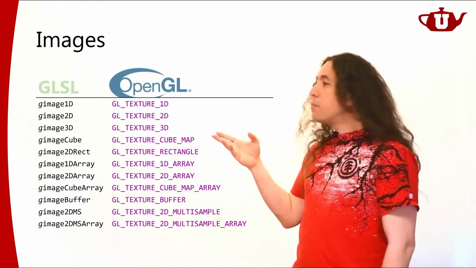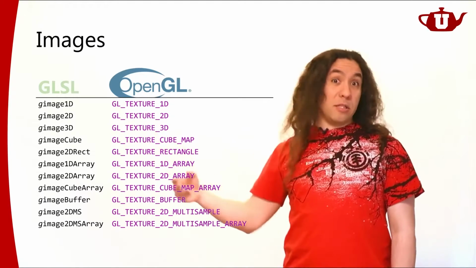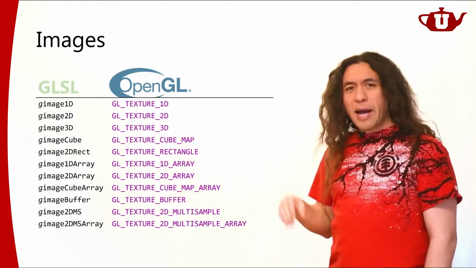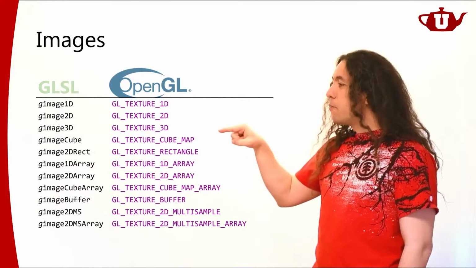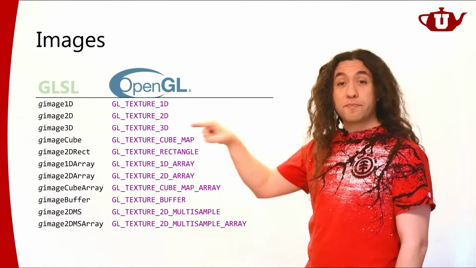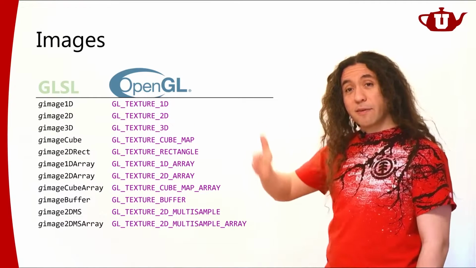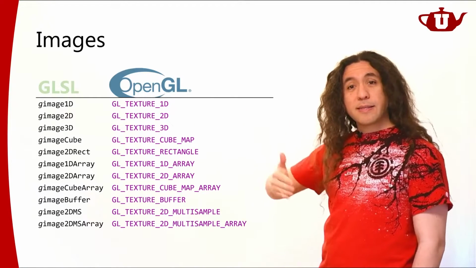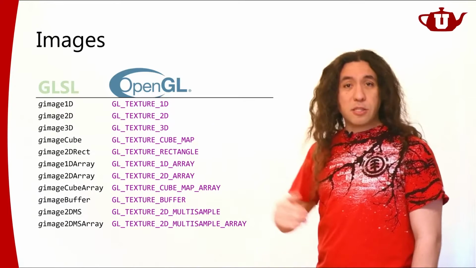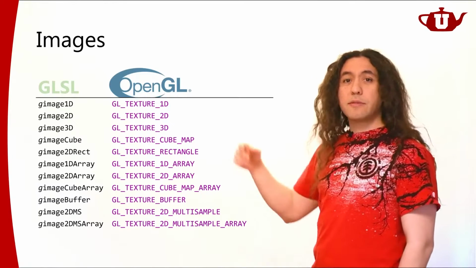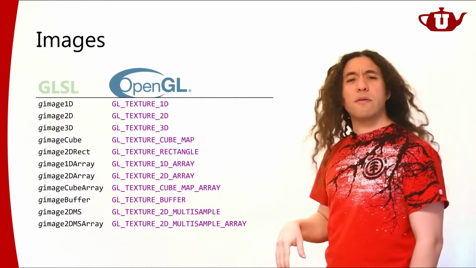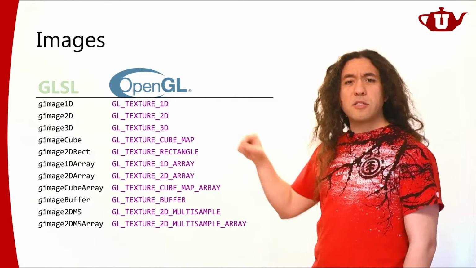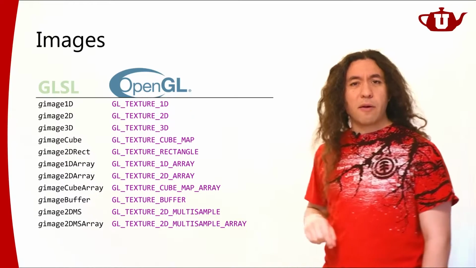A cube map would correspond to a cube image. Yeah, we have a cube image type. Actually, there's a bit more than that. For a 3D image, you can access slices of a 3D image as an array of 2D images. And you can access, let's say, rows, I believe, of a 2D image as an array of 1D images.